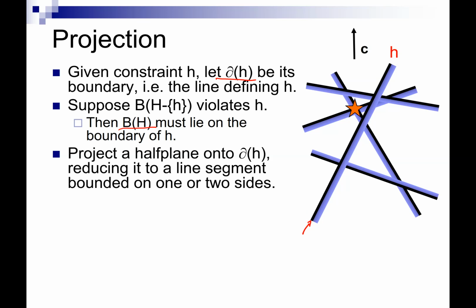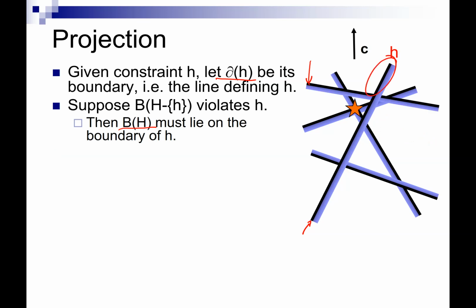And what does it mean to project? Well, for example, if we take this constraint over here, when you project this constraint onto the boundary of h, this constraint says that we can consider all the points on this side. So if you intersect this region with this line that defines h, we're not allowed to consider any points in this region anymore, right?